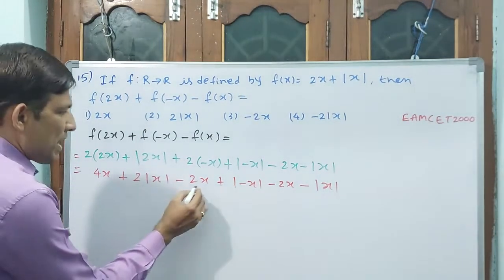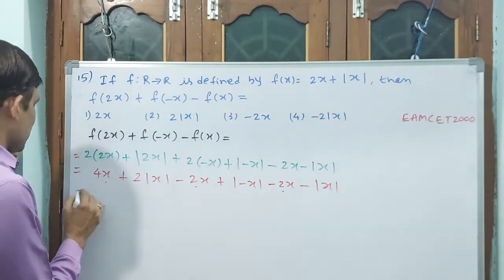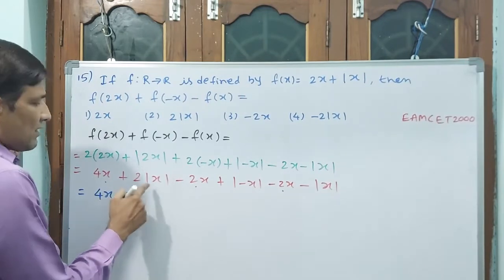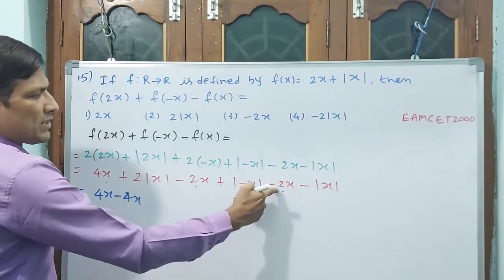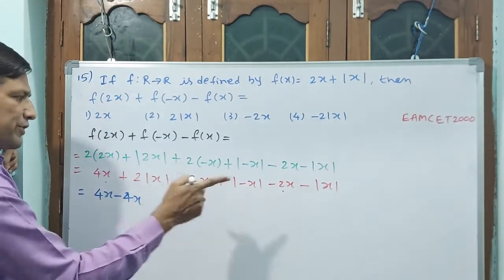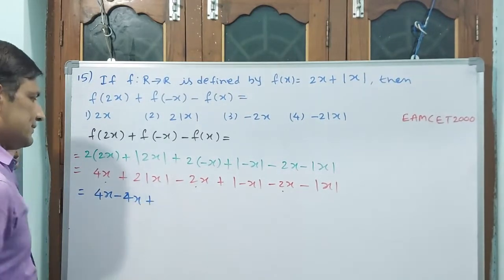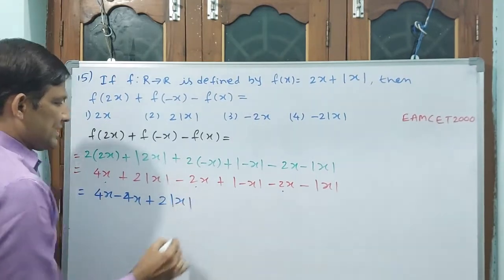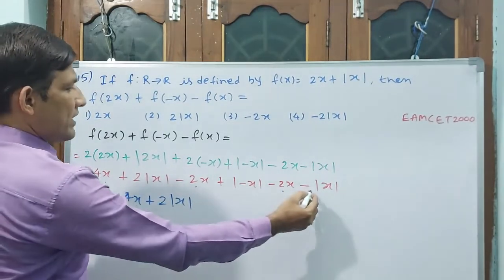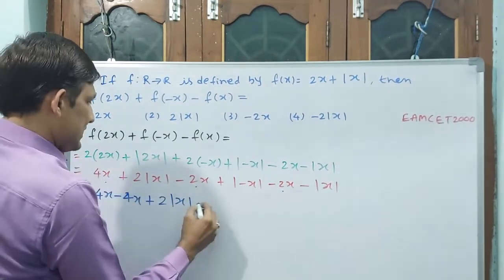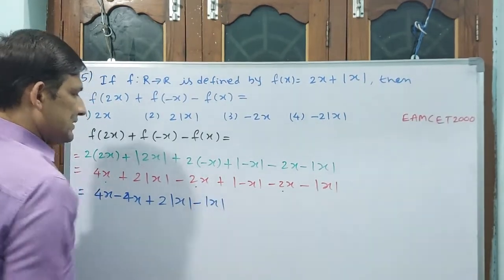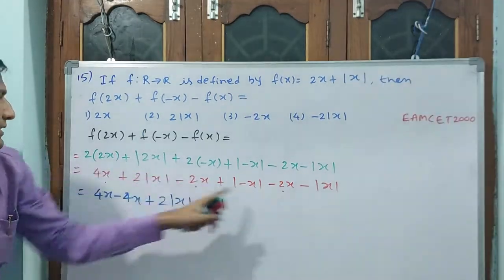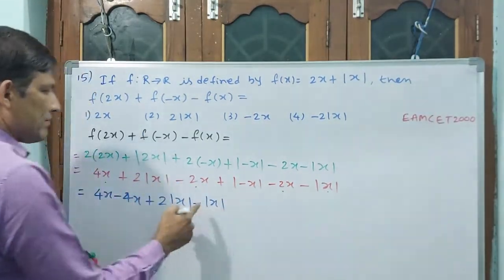Now come back again. Minus 2x plus 4x, I am writing 4x minus 4x, because minus 2x has become minus 4x. These are going to get cancelled out. Plus 2 times modulus x minus modulus x, these two I have written in one place.